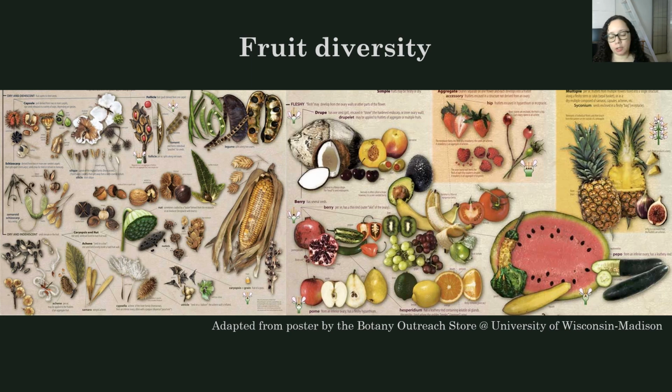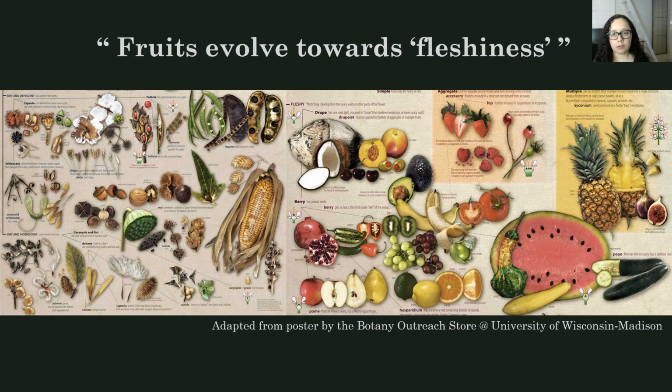And here I'm not including the domesticated ones, but in fruits we see different shapes, colors, sizes, number of seeds, textures. You think of a trait and it's going to be super diverse. Now, even though we see a lot of diversity, there's an agreement that fruits tend to evolve towards fleshiness.